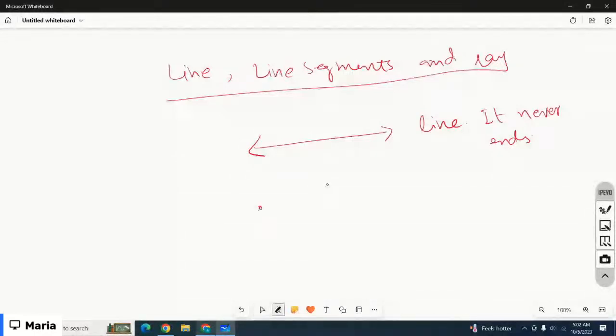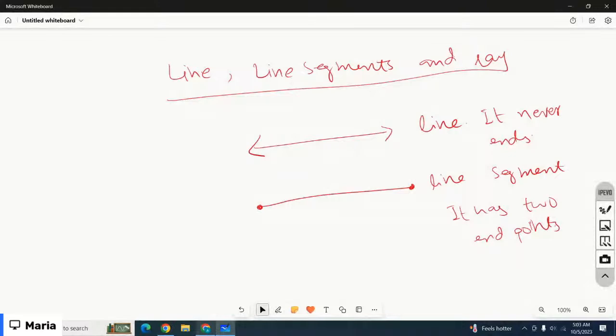Then this is the line segment. It has two end points. That is the line segment.